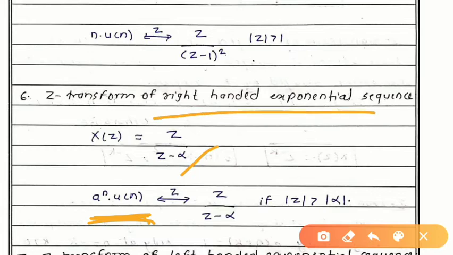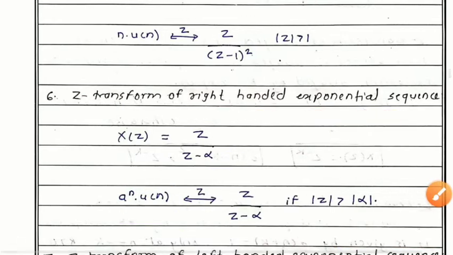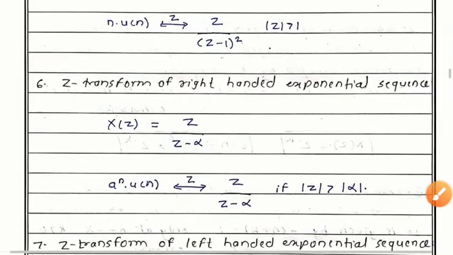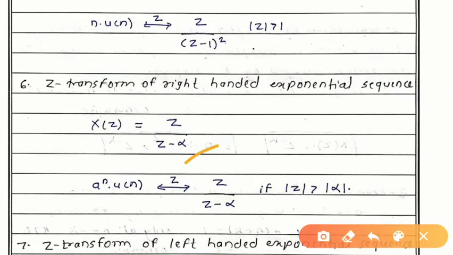This is the right-handed exponential sequence, and its Z transform is given by z upon z minus alpha. So you have to remember the right-handed exponential sequence, how to denote it, and the Z transform of that sequence, z upon z minus alpha.